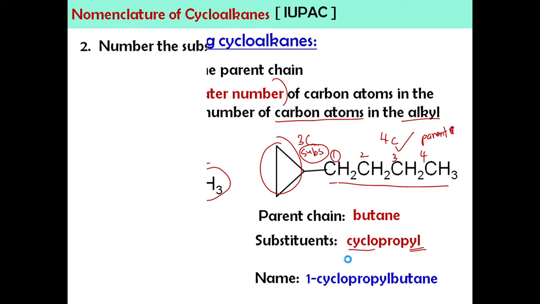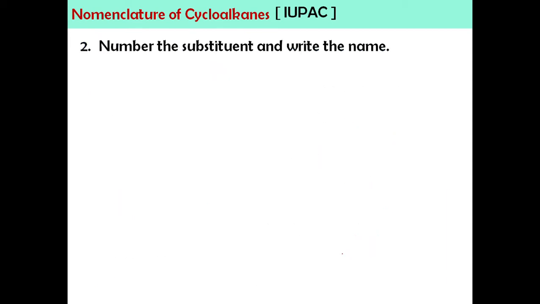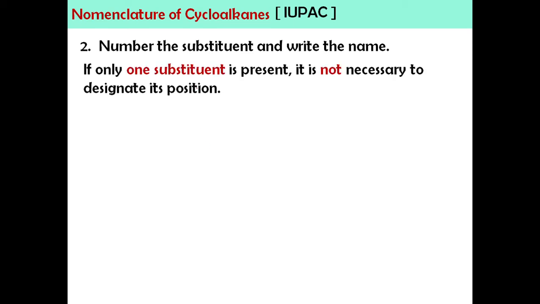So, yang seterusnya, number the substituent and write the name. Okay, so contoh kita dah jumpa parent and the parent is cyclic. Okay, cyclic alkane. The next step, you have to number the substituent and write the full name. Tetapi, kalau ada satu substituent sahaja dekat ring tu, tidak perlu untuk mention what is the number. Because, okay, for example, this is our cyclic compounds. And this one is 4 carbon, this one is 1 carbon.